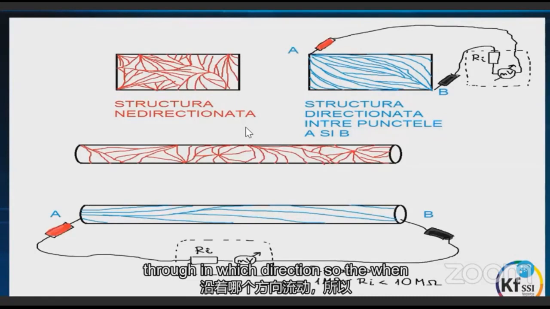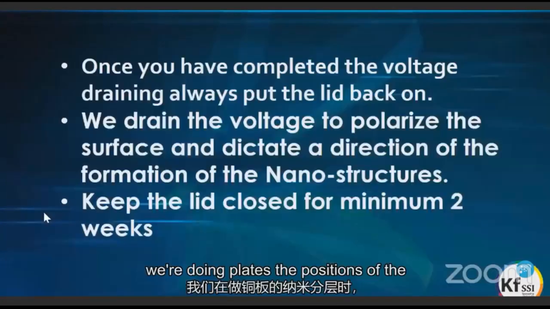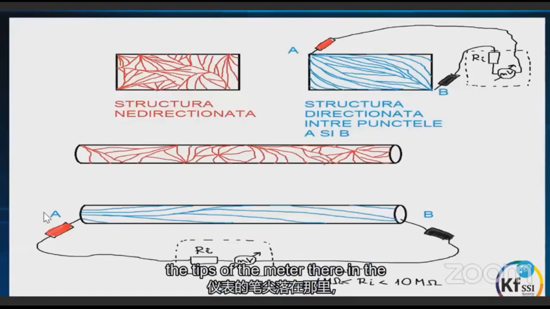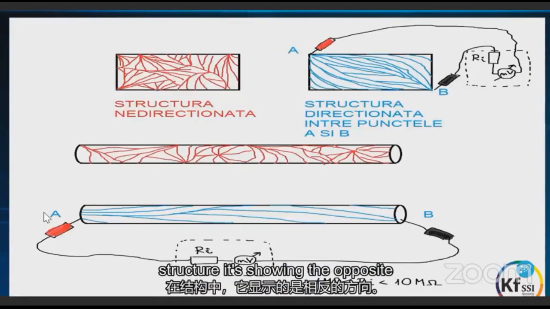So when we're doing plates, the positions of the electrodes, the tips of the meter, there in the structure, it's showing the opposite corners.